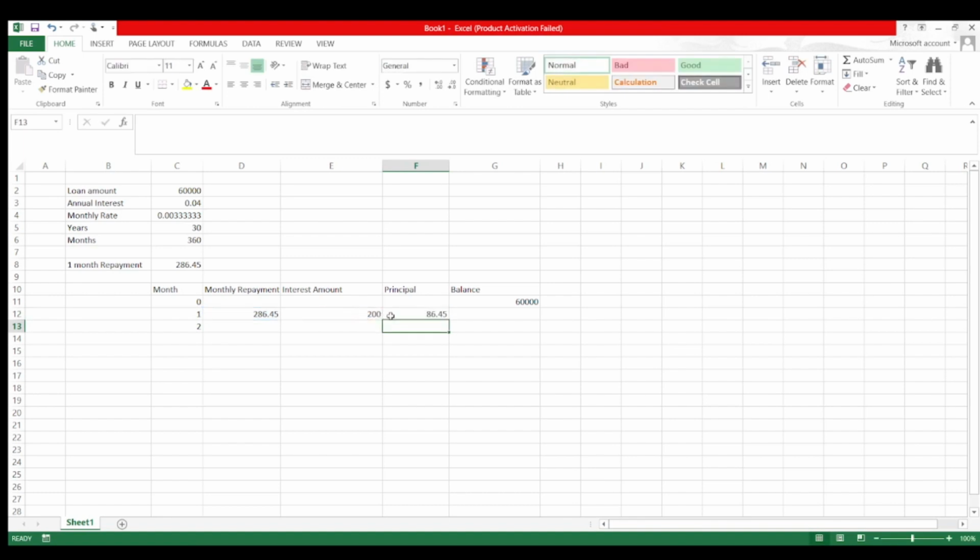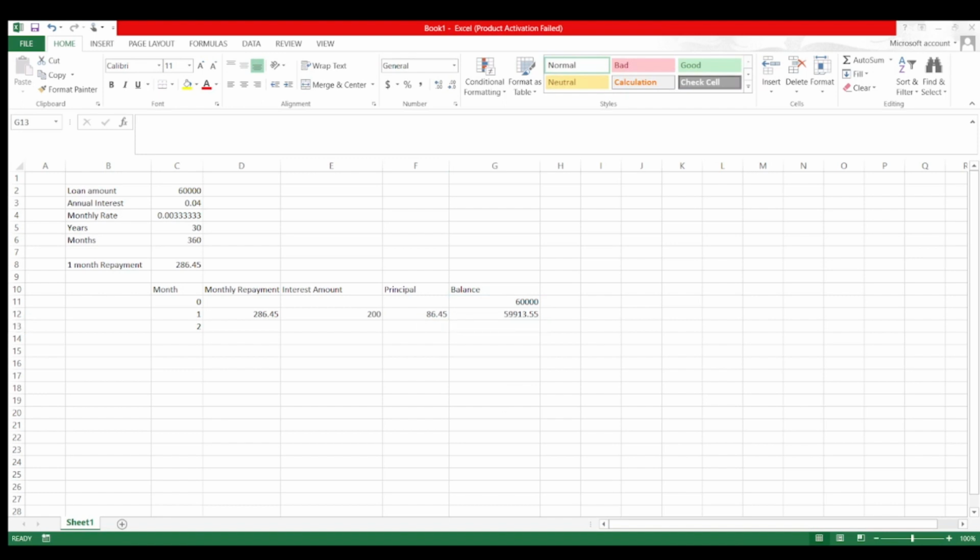That's the principal amount paid out during that period. Now, to get our loan balance, we'll simply take this balance less the principal.